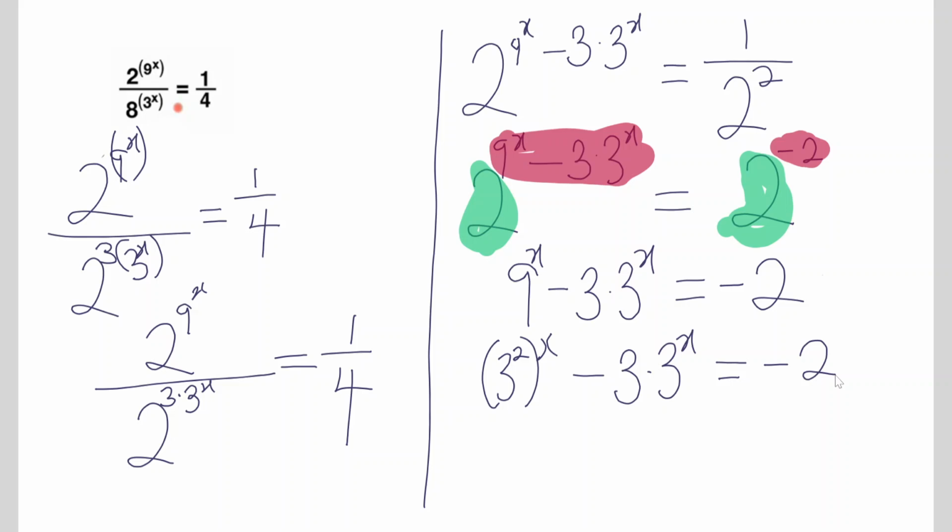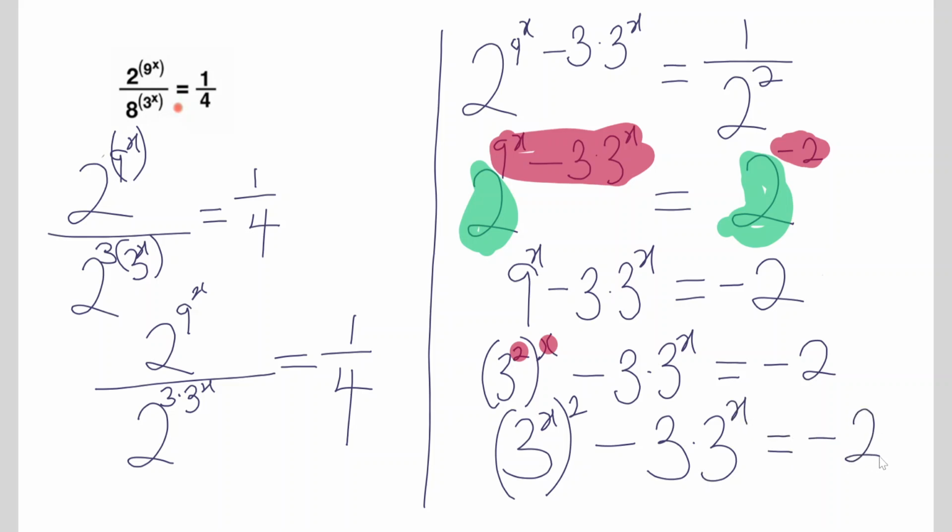And as you can see, I can equally change the power of 2 as we are having here, and the power of x as we are having here. I can interchange them, which is going to become 3 to the power of x, then to the power of 2. Then we have minus 3 multiplying 3 to the power of x equal to minus 2. Then what I need to do now is bring minus 2 to the left hand side.